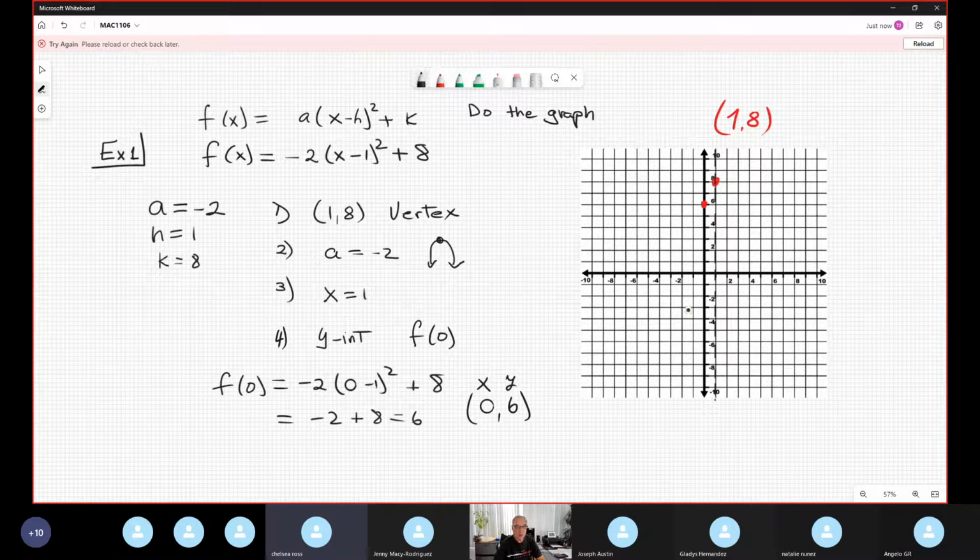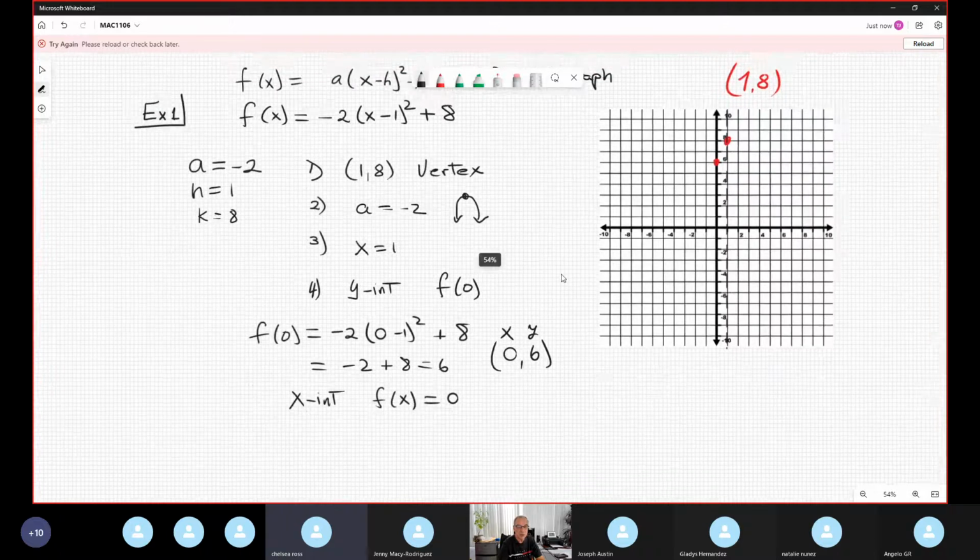Now the x-intercept. Well, the x-intercept is where the function equals 0. You take the original function, -2 (x minus 1) squared plus 8, and you force it to be 0.